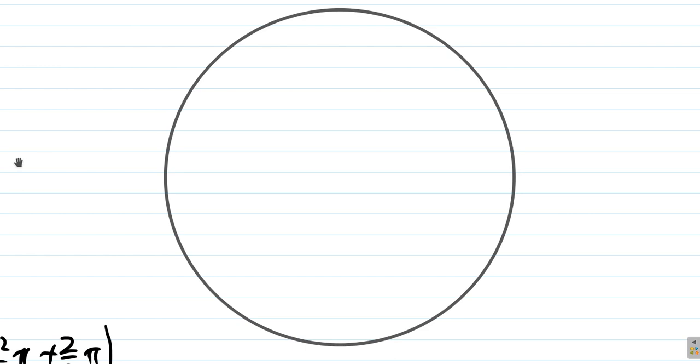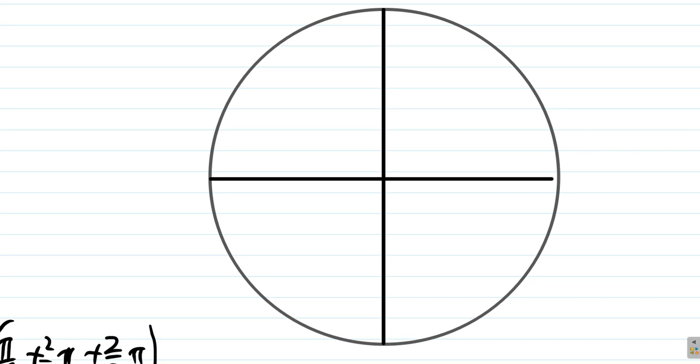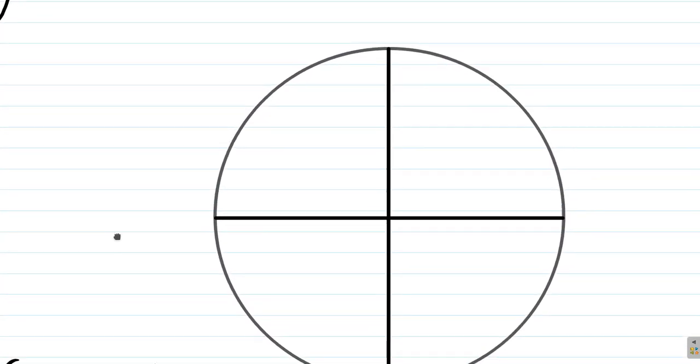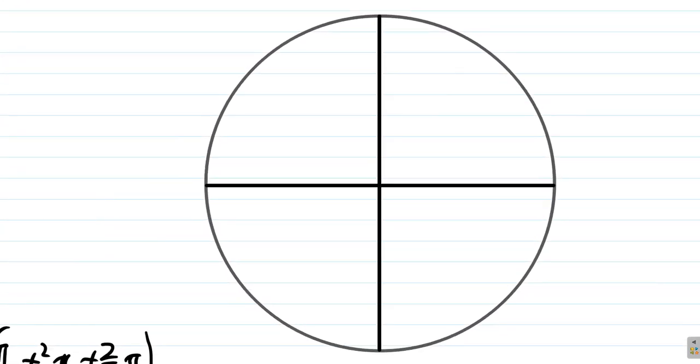Now, here, let's put in our imaginary and real axes. Now, you know that we're dealing with radians here, right? So let's try and put in the numbers proportionally.